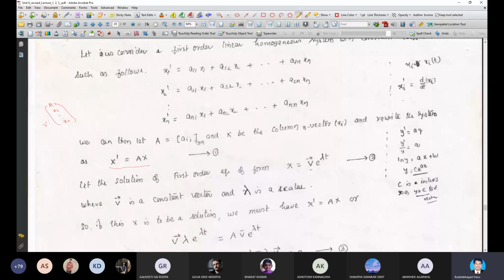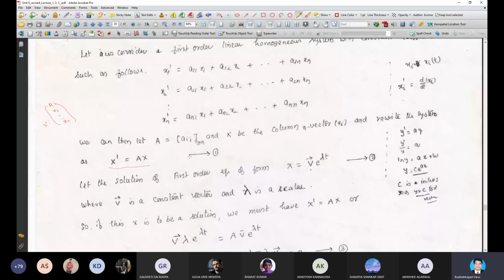But our solution is a vector x, right? So therefore, c must be a vector. In our case, for the solution of x dash is equal to ax, our solution will be of the form x is equal to some c into e power some constant into t. So c will be a vector.